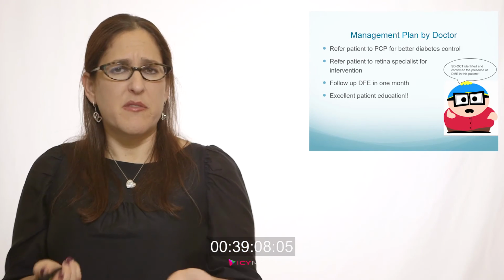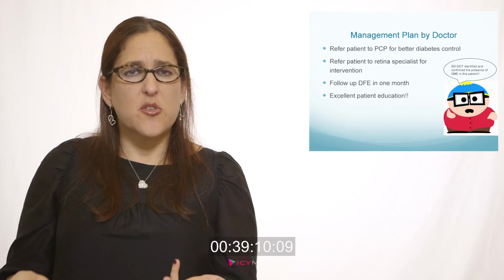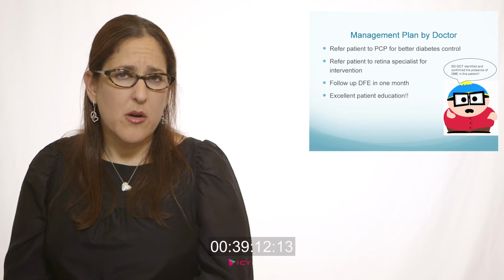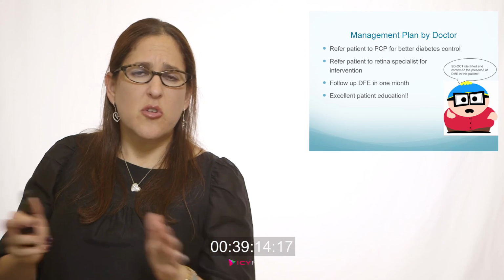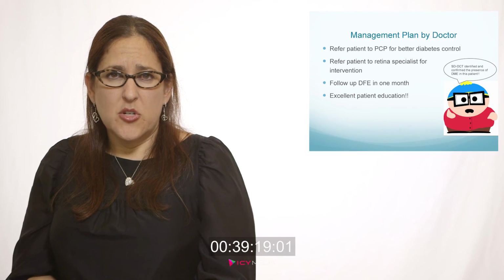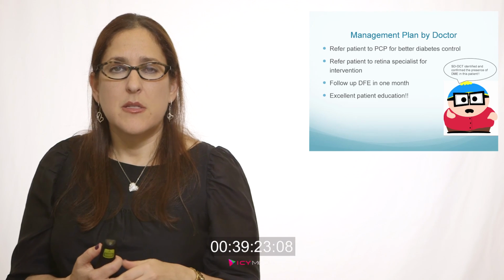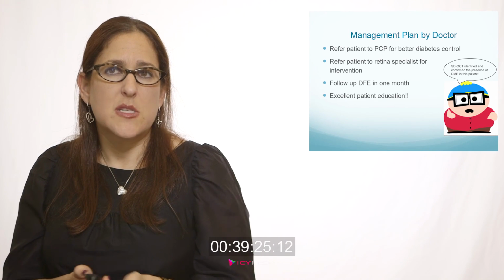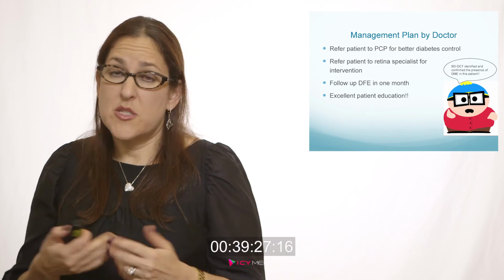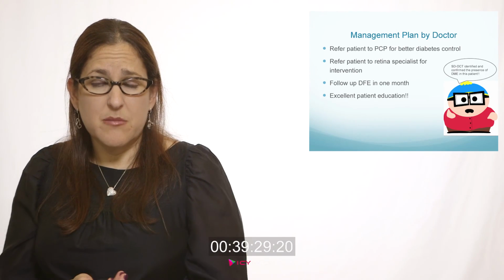There's a lot of people involved in this. The internist or the primary care doctor needs to be aware that this patient's blood sugar control is terrible, or maybe it's not terrible, but it's not ideal. She's obese. We need to talk to her about lifestyle changes to help improve her overall prognosis with the disease. We need to refer the patient for retinal intervention.